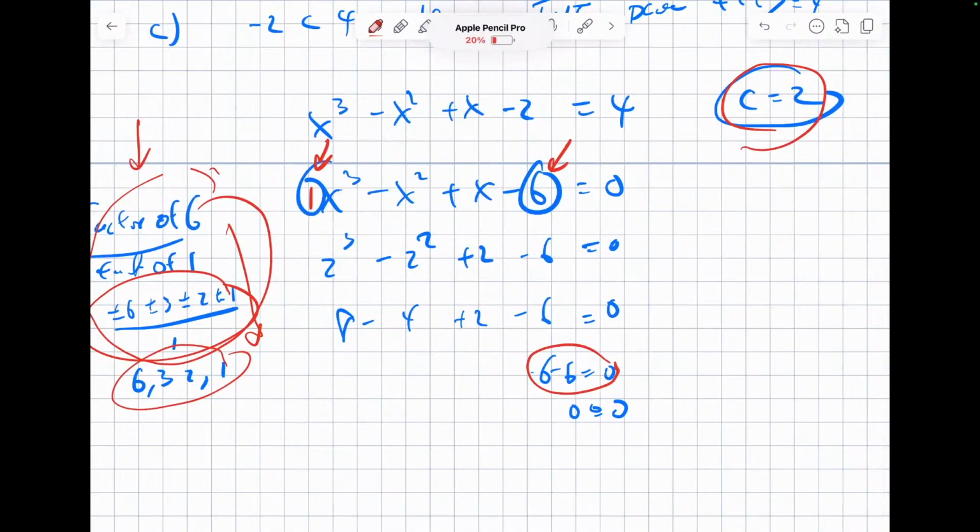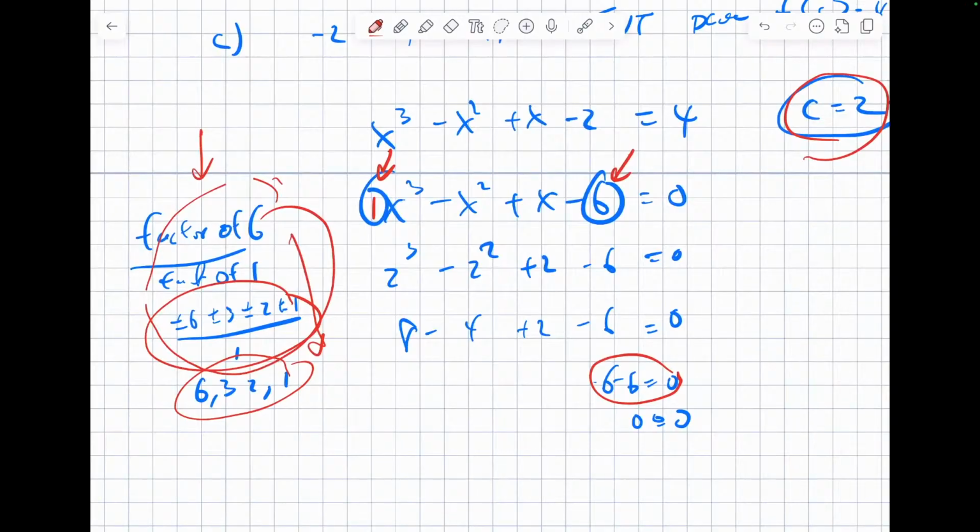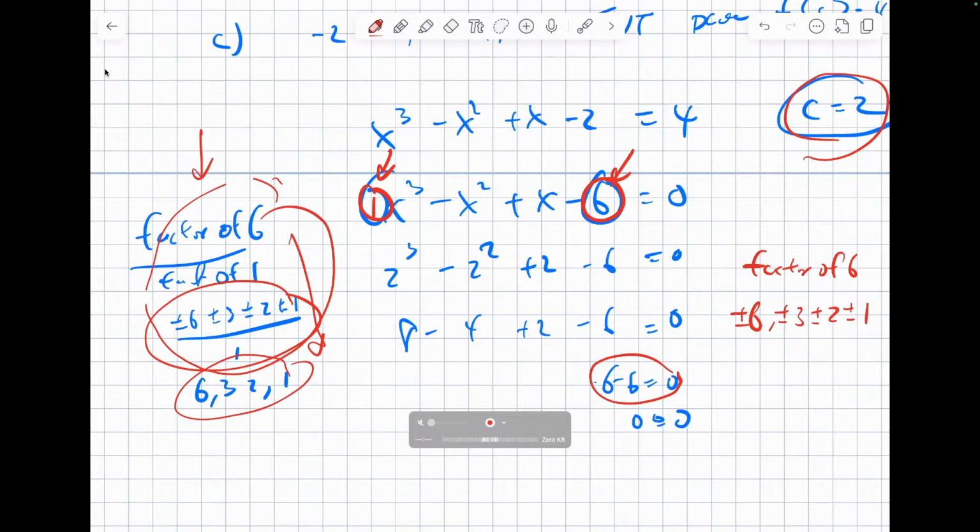Yes. Can you go over that equation again? Last year, we talked about this number, and this number is a factor of 6. There are a few factors of 6. And the factor of 1 is plus or minus 1.